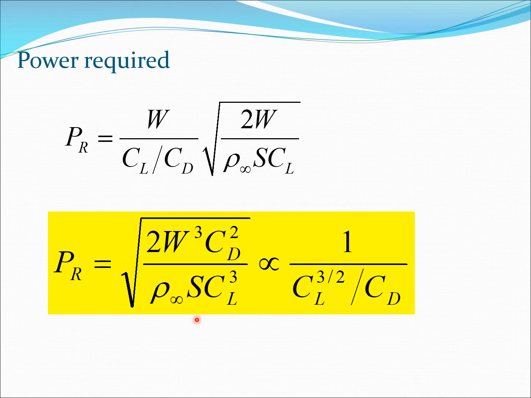When we look at this equation carefully, we see that power required is proportional to 1 by CL to the 3 by 2 by CD. So this is something very interesting. The thrust required was proportional to 1 by CL by CD, but power required is proportional to 1 by CL to the 3 by 2 by CD.